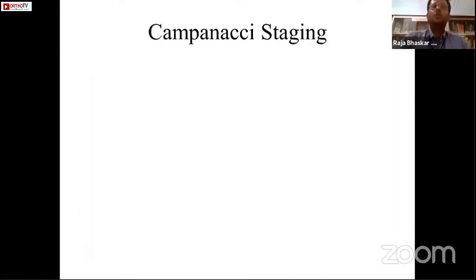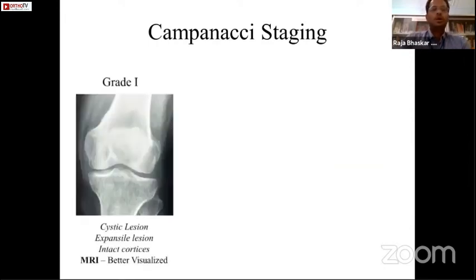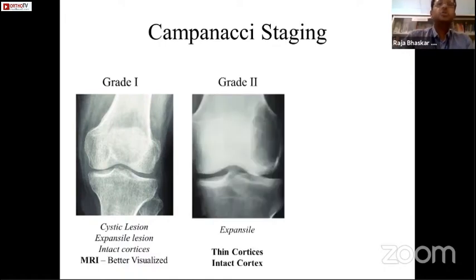The next important thing, how do you stage these? The very well-known and renowned Campanacci staging. Grade 1 is a cystic lesion with expansile, intact cortices. These lesions are in the early stages, but are visualized better in the MRI. Stage 2 is an expansile lesion, but the cortex is still thin.